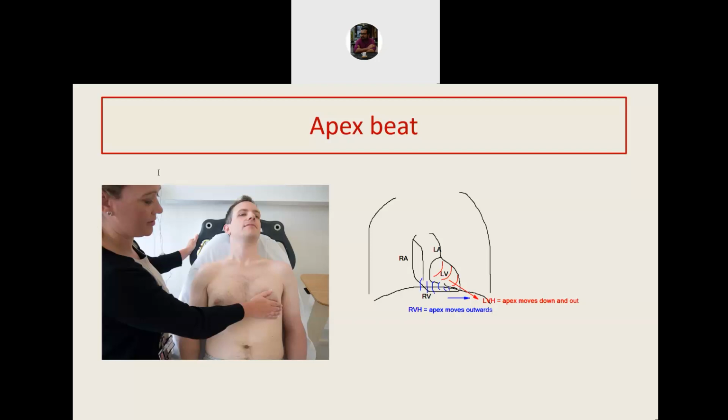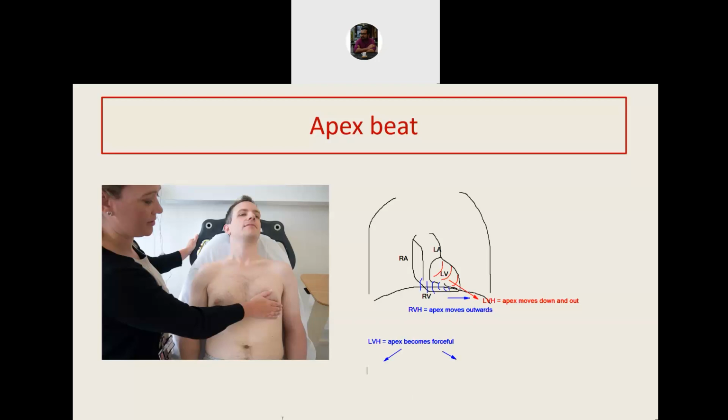The character of the apex might also change in different diseases. Whenever there is left ventricular hypertrophy, that is enlargement of left ventricle, apex becomes forceful. That is because the apex is caused by left ventricular contraction. So if the left ventricle enlarges, the apex will become forceful. Now, the duration of the systole depends on how long it takes the blood to go out of the ventricle.